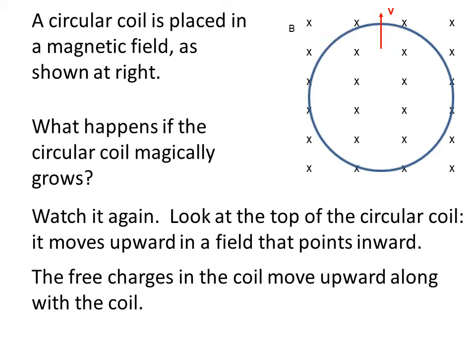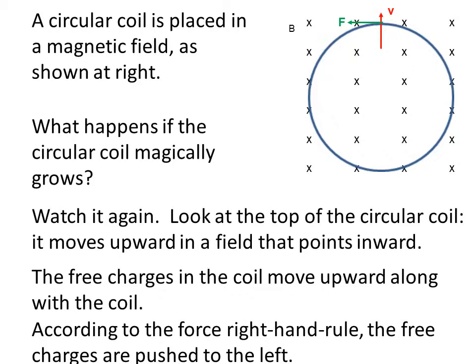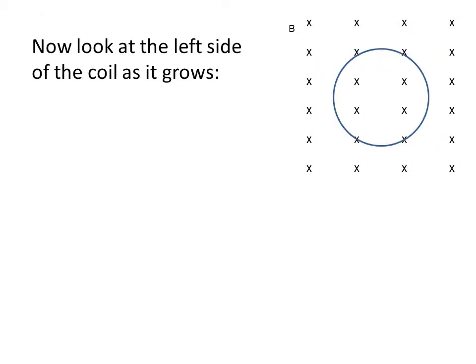Whenever you have moving charge in a magnetic field, you get a force. The right-hand rule predicts that those charges moving up in an inward field would be pushed to the left. Now watch the same thing, but pay attention to the left side of the coil as the coil grows.